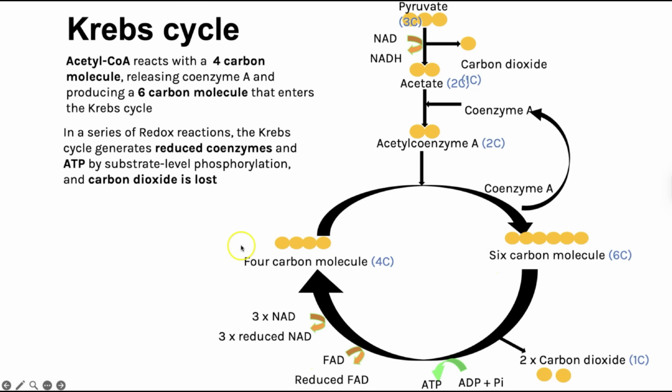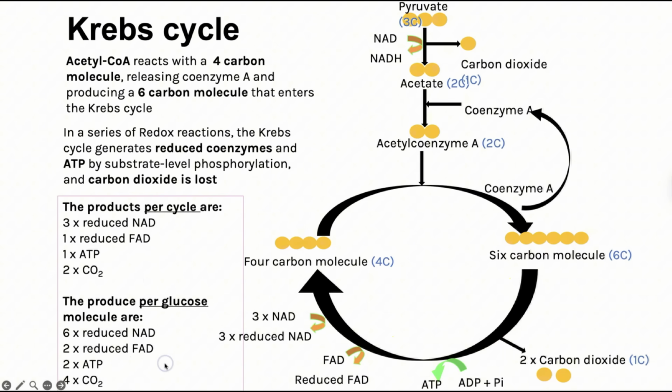Because we're going from a 6-carbon to a 4-carbon, we've also lost 2 carbons to create 2 molecules of carbon dioxide. And that whole stage also releases 1 molecule of ATP.